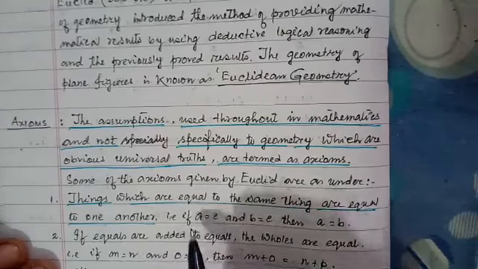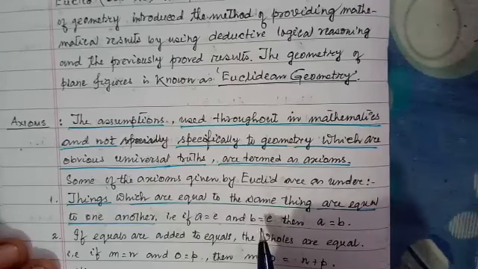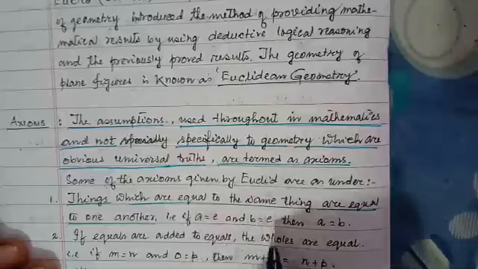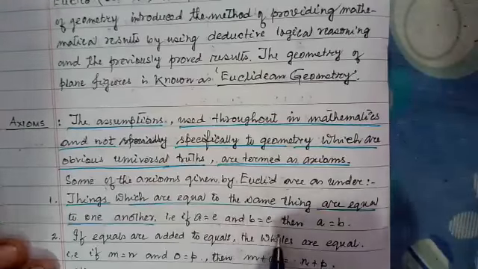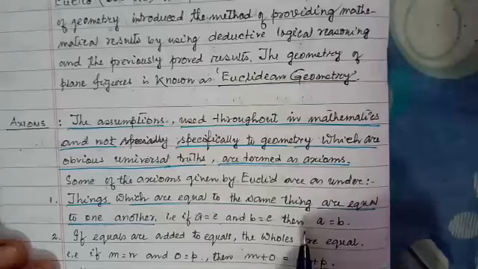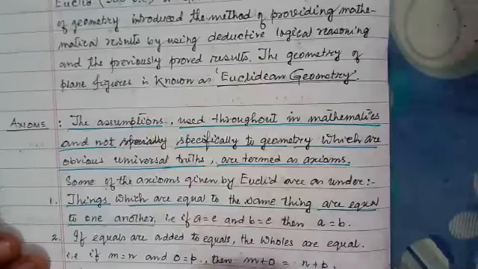That is, if A is equal to C and B is equal to C, then A is equal to B. So this is called an axiom. For this, no proof is needed.